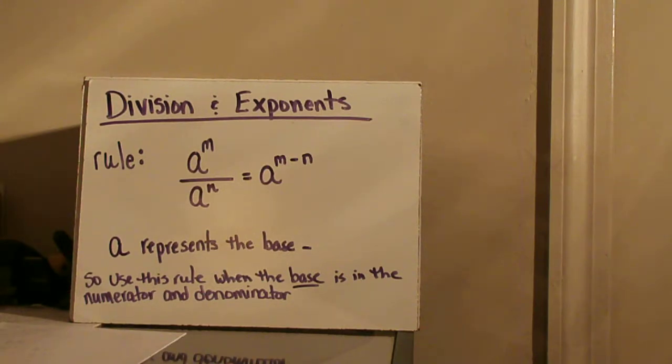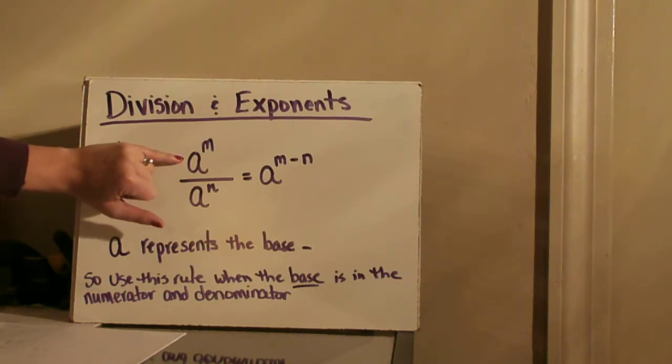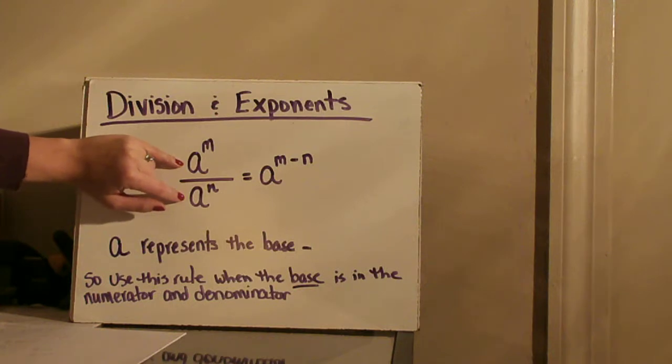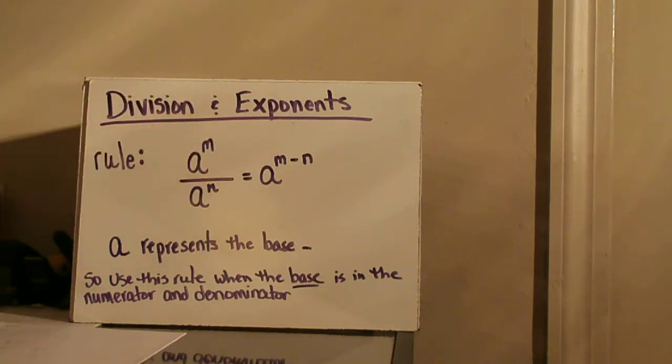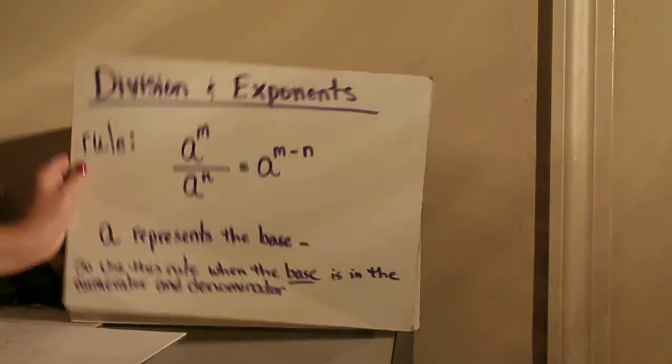So when we use this rule, we have to keep in mind that the base in the numerator and the base in the denominator need to be the same in order to use this rule: the numerator exponent minus the denominator exponent. Okay?